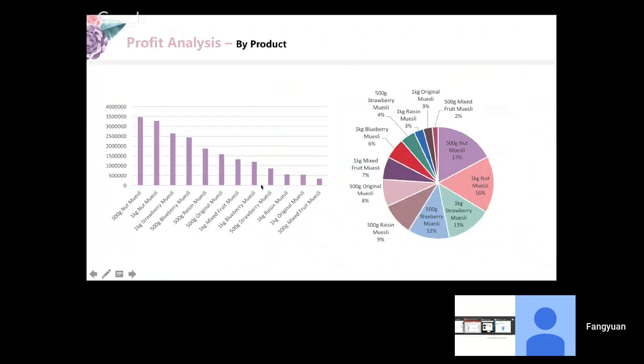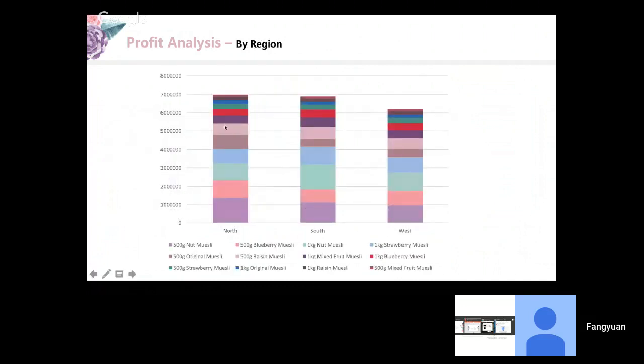Talking about the profit, we ranked a total of 12 products based on 18 rounds of contribution margin. 500-gram nuts muesli is the best seller and accounts for 17% of total contribution margin. If we analyze profit by region, the North and South areas have made similar contribution margins.